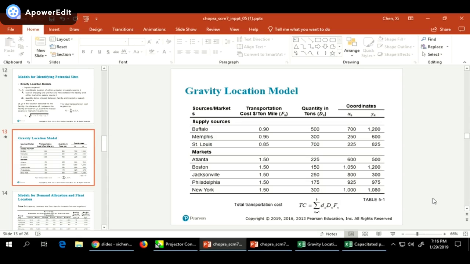It's a specific algorithm of searching for the optimal solution. Gradient.